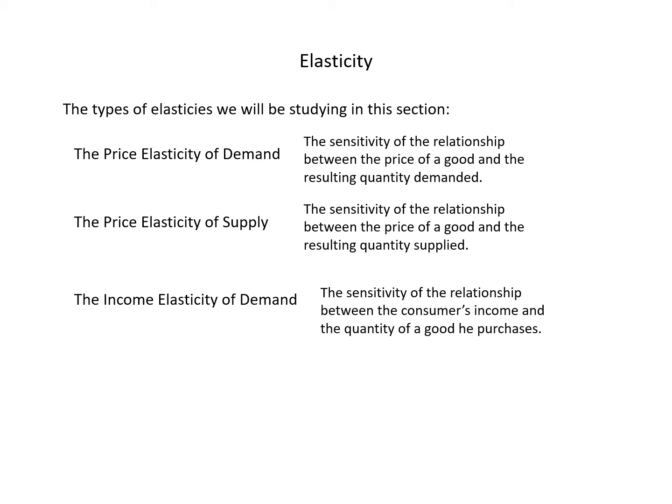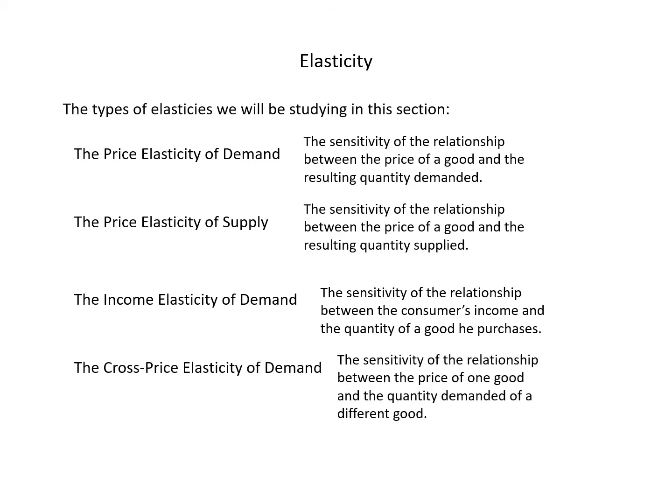This refers to the sensitivity of the relationship between a consumer's income and the quantity of a good he purchases. And the cross-price elasticity of demand. This measures the sensitivity of the relationship between the price of one good and the quantity demanded of a different good.